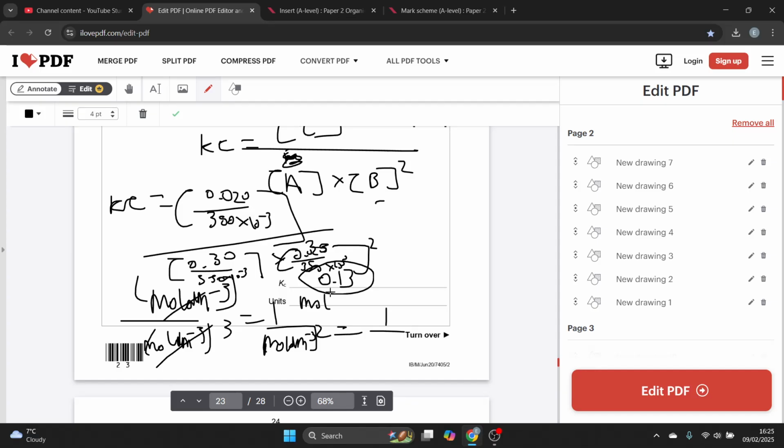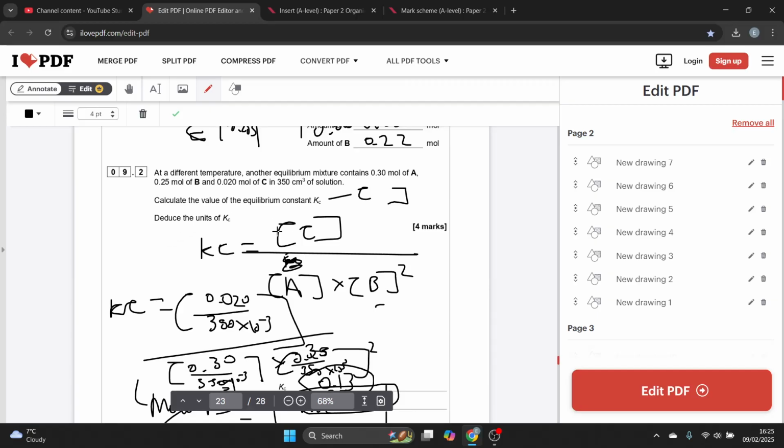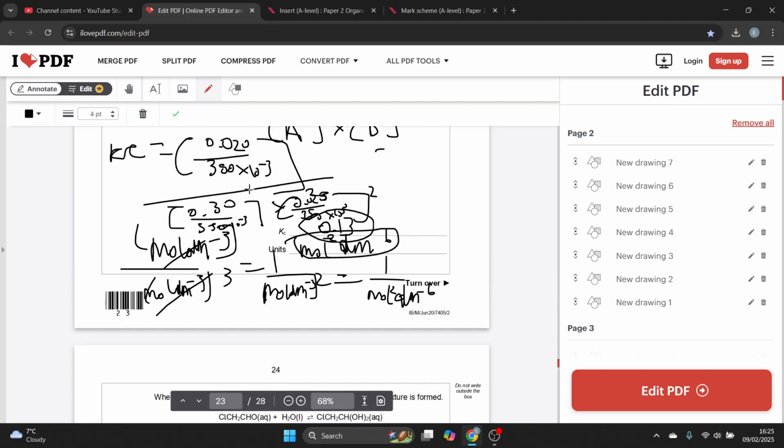No, not that, because that would be 10 to the power 2 dm to the power minus 6. But then, because it's 1 over, it's mol to the power minus 2 dm to the power 6. And Kc is 0.13. Didn't really make any mistakes except for silly errors, but that's fine.